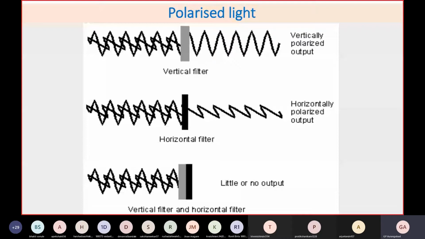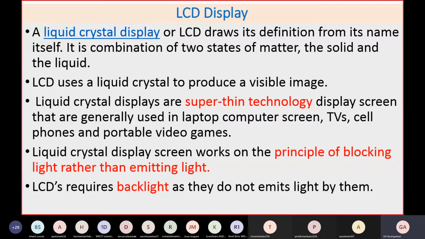Now let's come to the LCD display. As the name indicates, it is a liquid crystal display. Why is it called that? Because it is a combination of two states of matter, solid and liquid. It is neither a solid nor a liquid, which is why it is called a liquid crystal display.